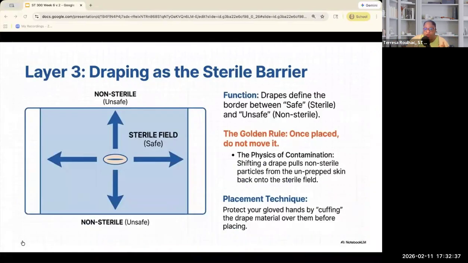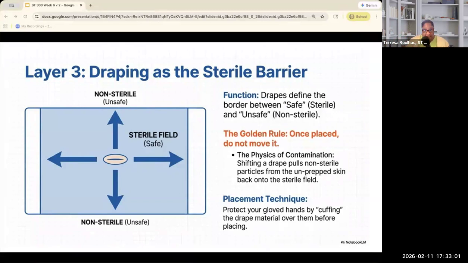Okay. Another thing, we look at draping and we have a video that we're going to watch. But draping creates the boundary between sterile and non sterile areas. Once the boundary is set, it has to be protected to maintain patient safety. I want you to think of drapes as more than just the fabric that goes on.